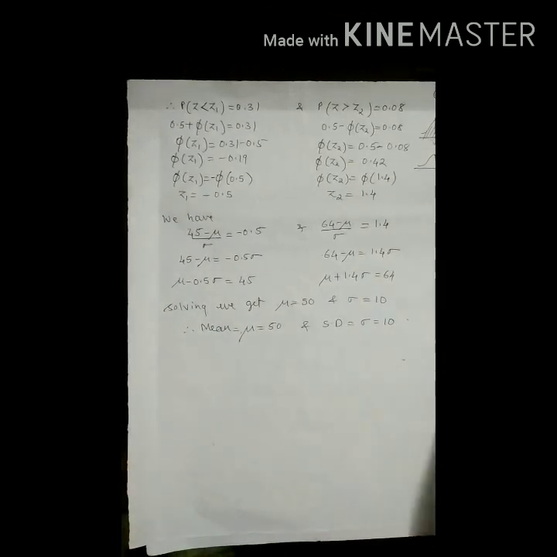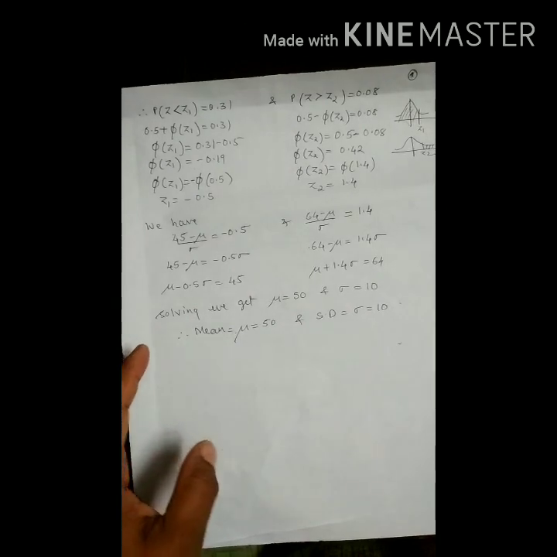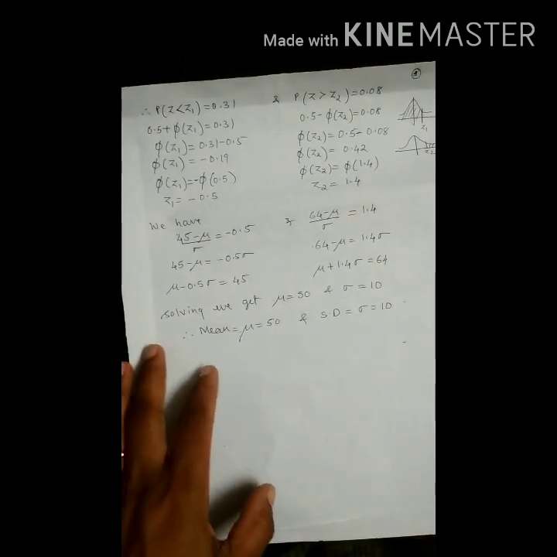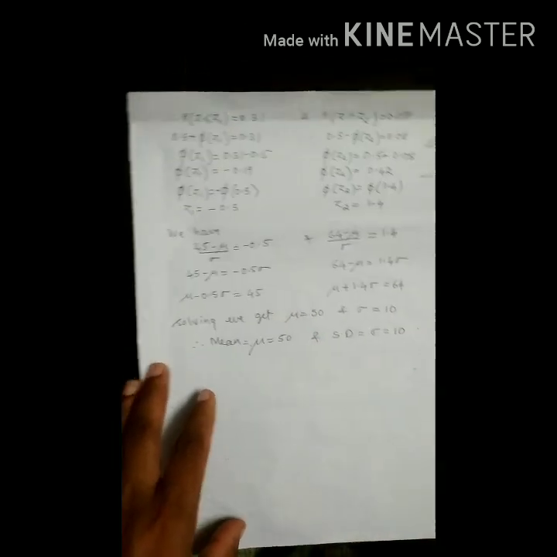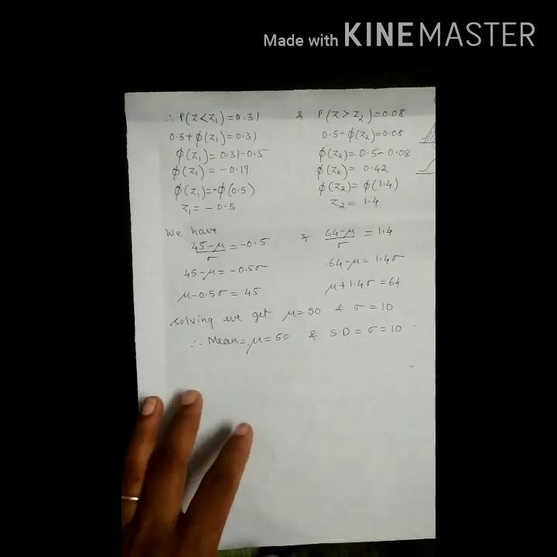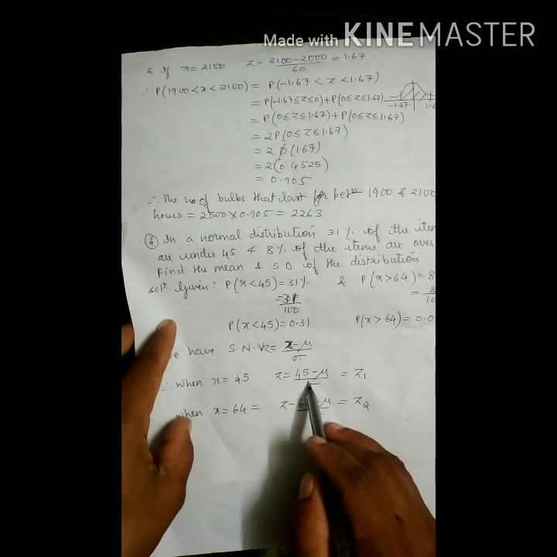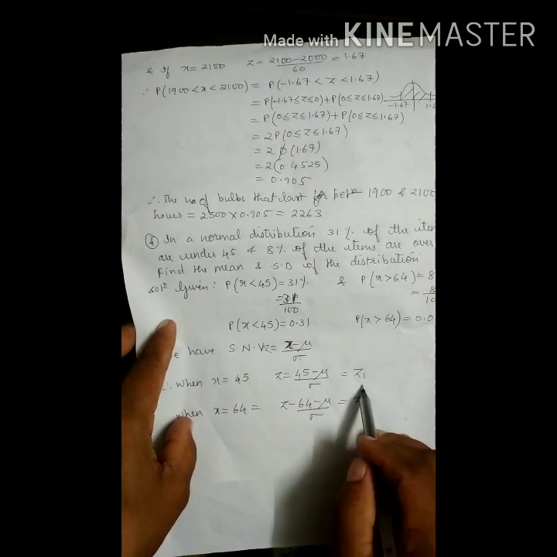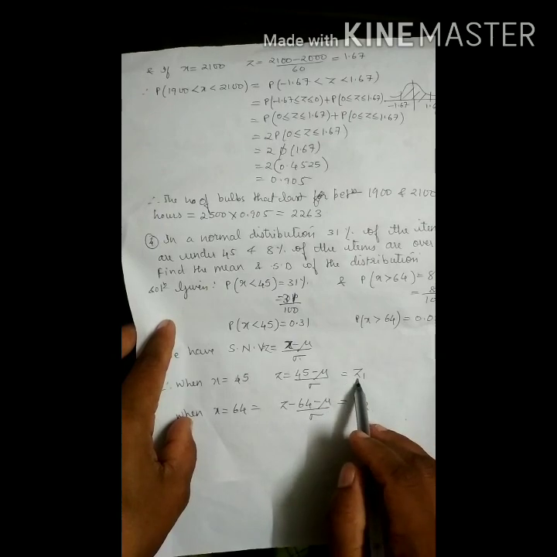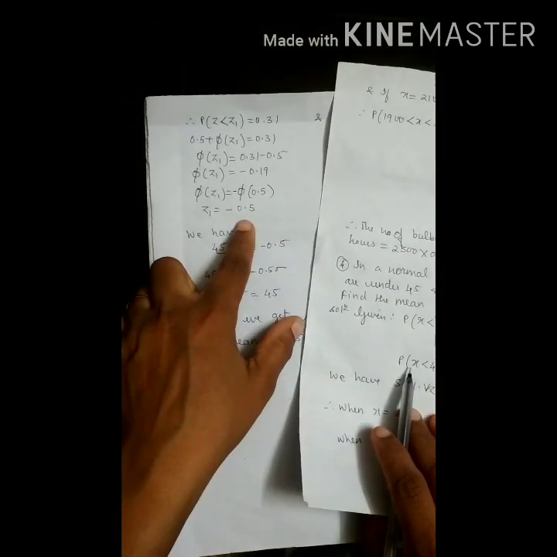What was the relation I had written? Z is equal to 45 minus mu upon sigma, which equals Z1. Have you got Z1 now? Have you got Z2? Z1 we had got as minus 0.5.